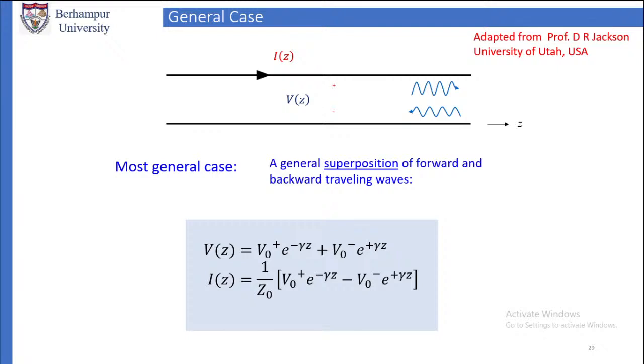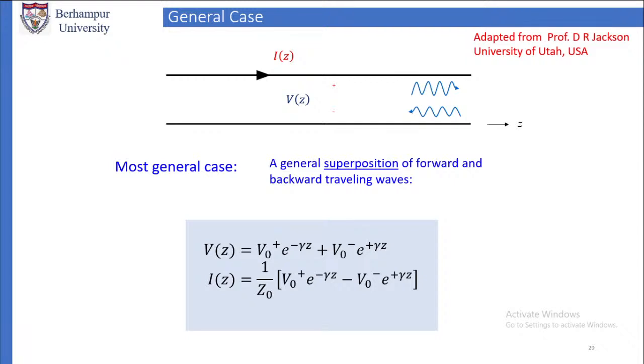Now how you are going to get the second one? The Iz expression shows you that Iz is equal to V0 plus exponential minus gamma z minus V0 minus exponential plus gamma z. From where you get this minus term and from where you get this 1 by Z0 term.